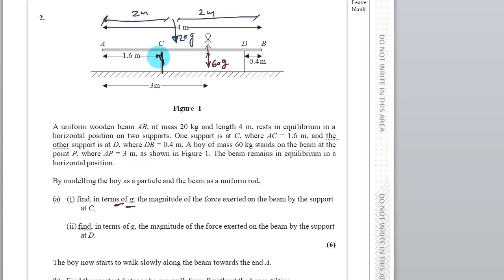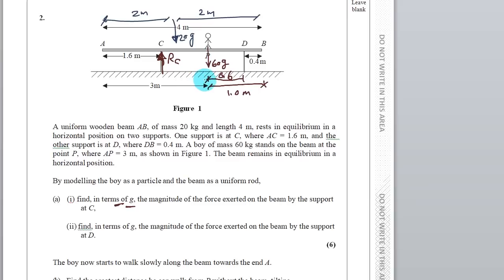We're looking for the reaction here, RC. If this is 3 meters and the total is 4, so the remaining here is 1 meter. If this is 1 and this is 0.4, so the remaining here is 0.6.